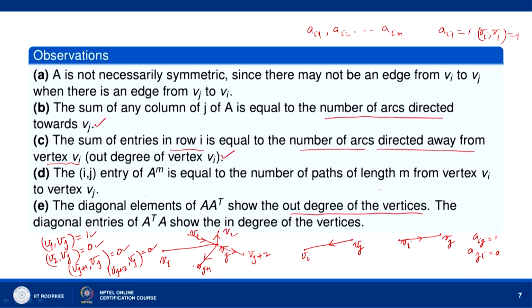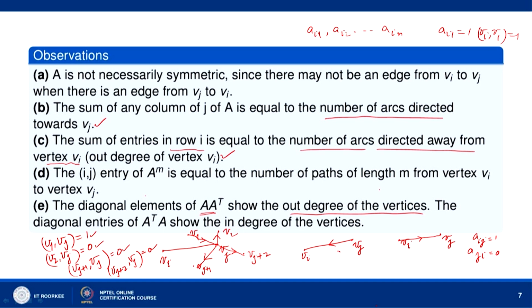When you consider A B, you multiply the ith row of A by the jth column of B. So, the ij entry becomes the ith row of A times the jth column of B. So, we will have the out degree of the vertices. I multiply the ith row of A.